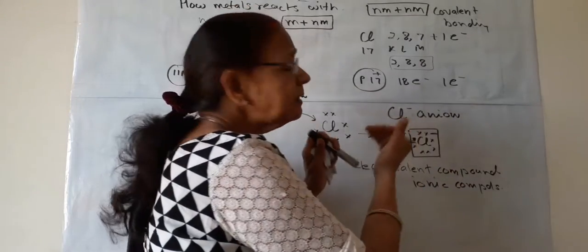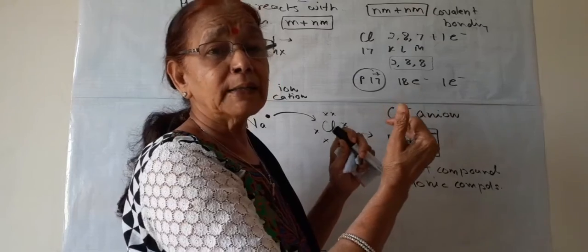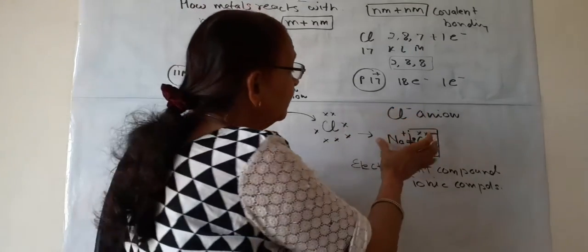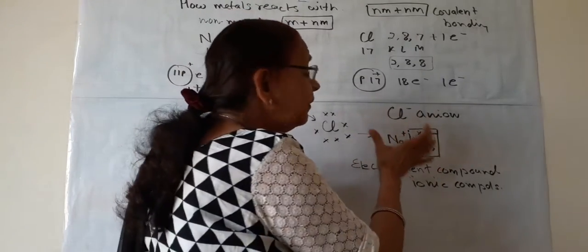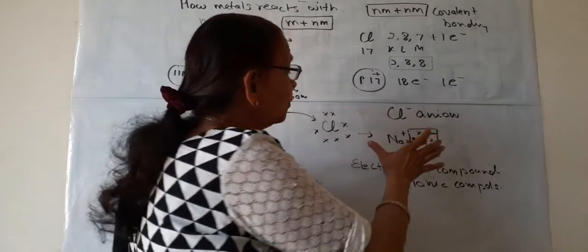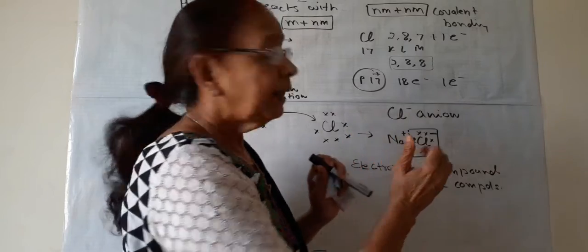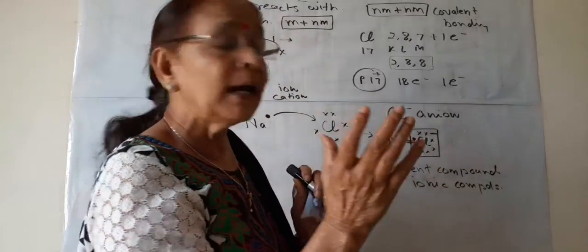So this NaCl is a substance which is a group of ions, or we can say an aggregate of ions. These ions are present together. They are living together. They are not molecules. So we cannot say NaCl is a molecular compound. It is a group of ions or aggregate of ions.